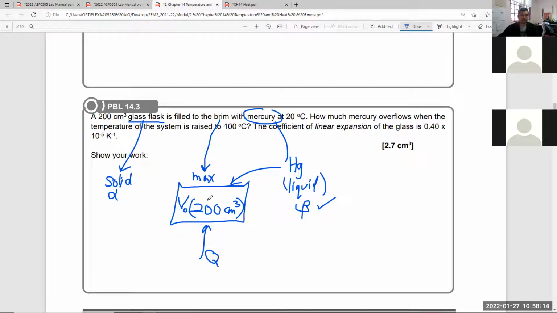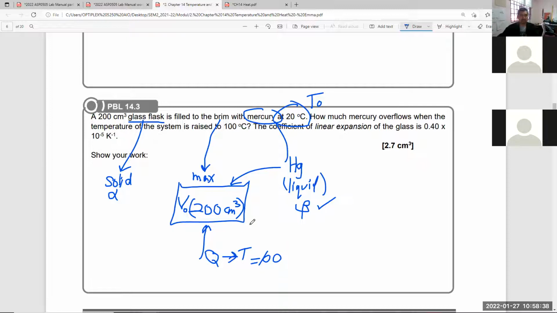T0 is 20, then we heat it up to the final T, equal to 100, like the boiling temperature of water.